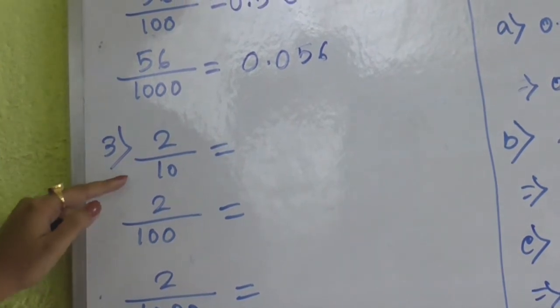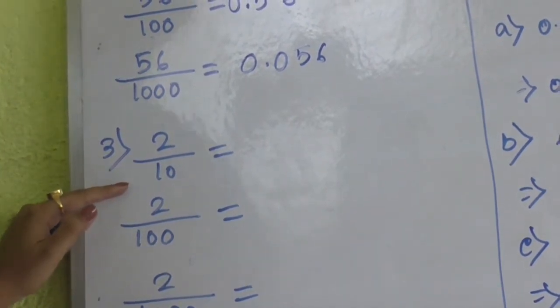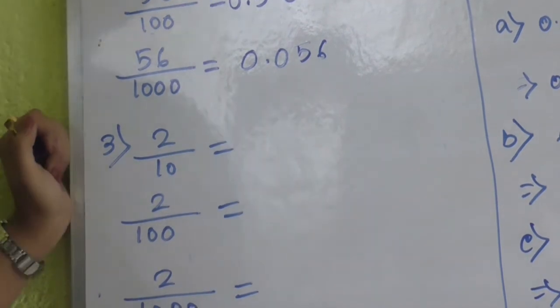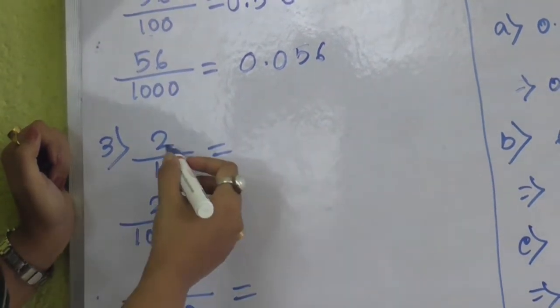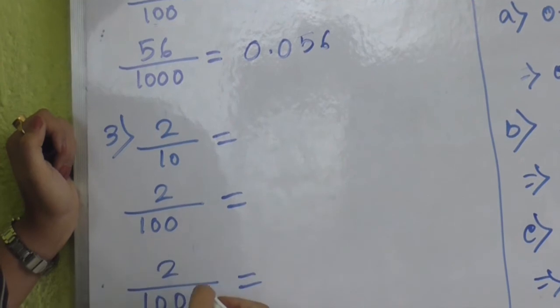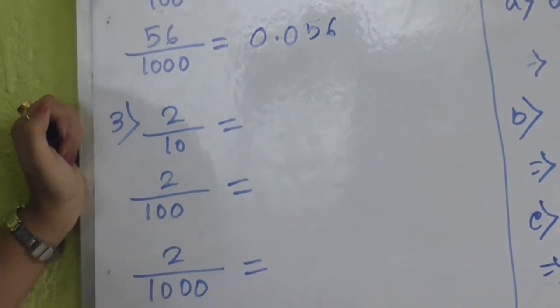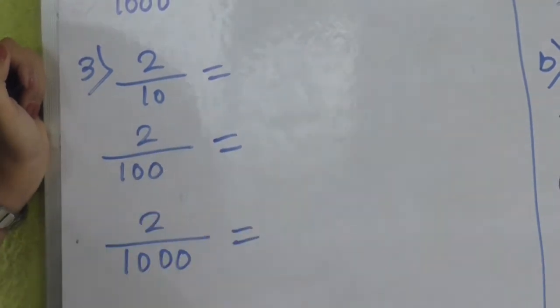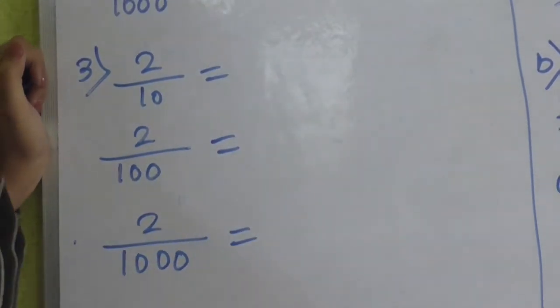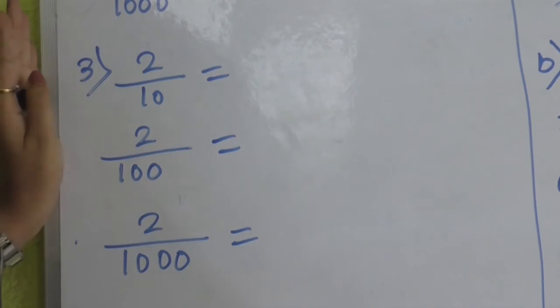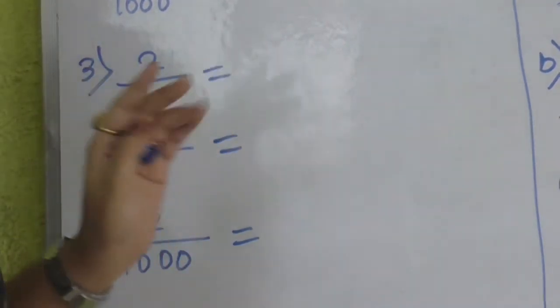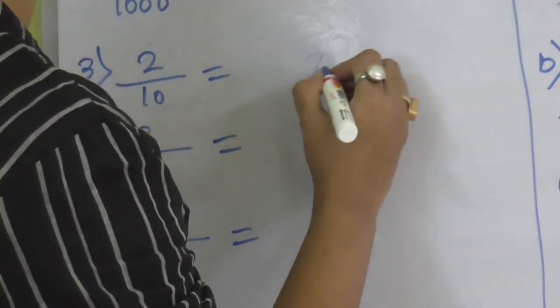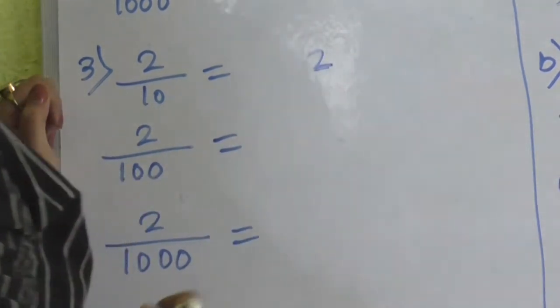And the next fraction is given: 2 by 10, 2 by 100 and 2 by 1000. Here you can see that the numerator consists of only one digit. While converting this fraction into a decimal, simply write this 2 over here.